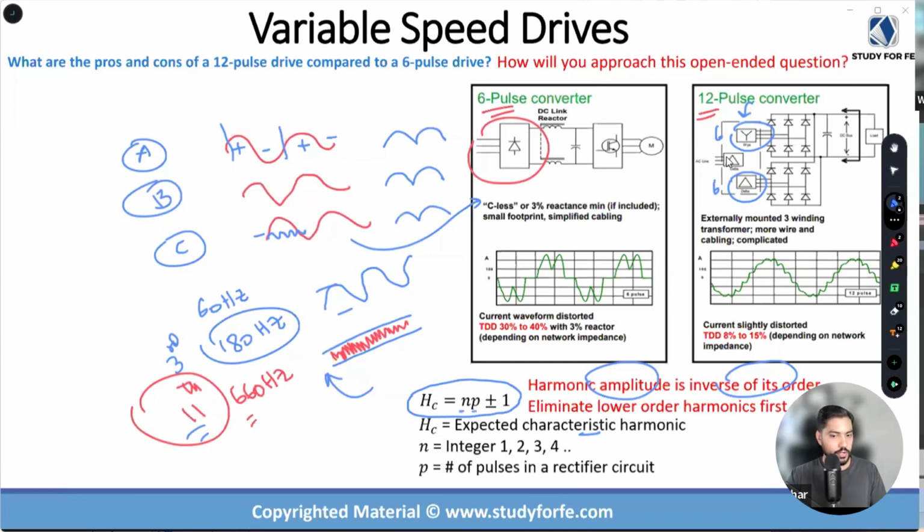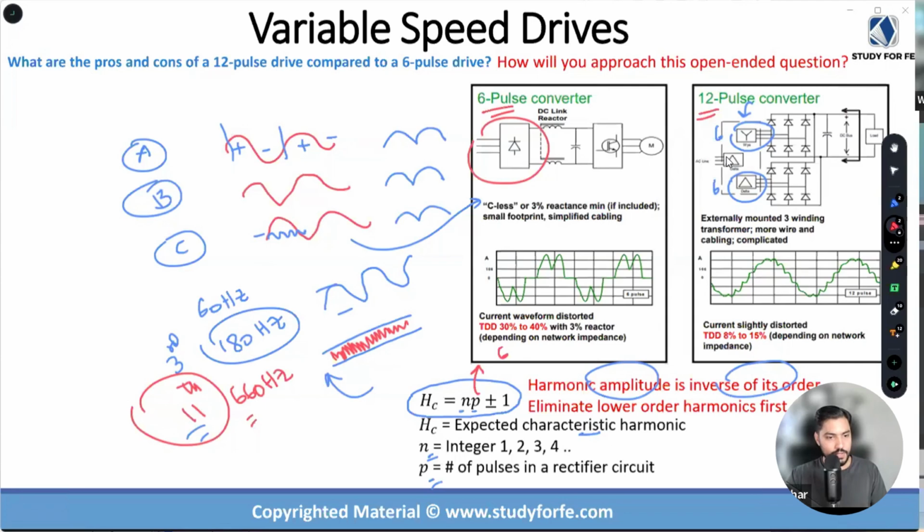What is n and what is p? N is the number of integers, so you can increase that 1, 2, 3, 4, 5, 6, and so on, right? And P is the number of pulses in the rectifier circuit, okay? So if we increase the value of P, if we make it higher and higher, so the base value is 6, correct? The base case, the benchmark.